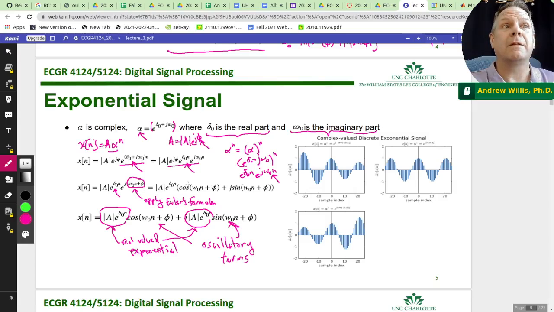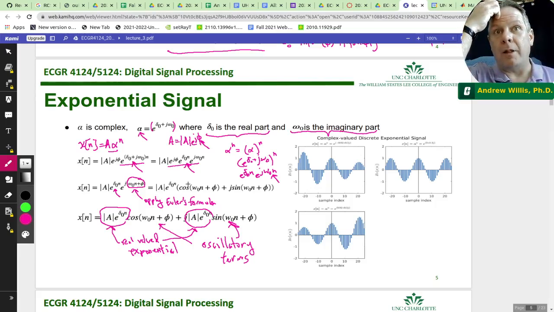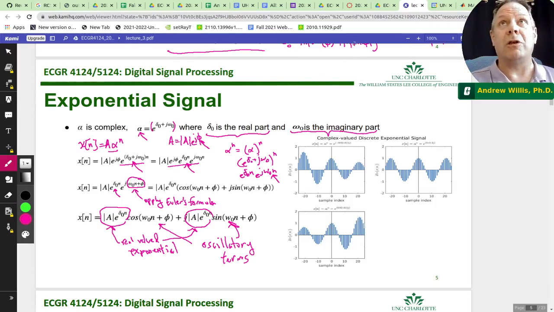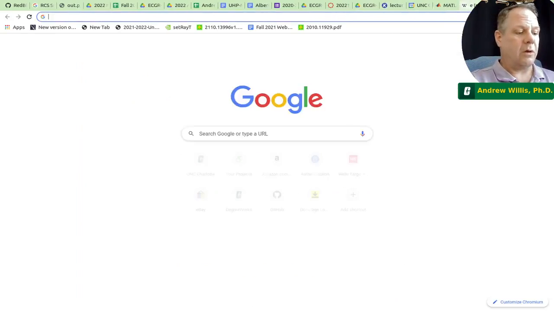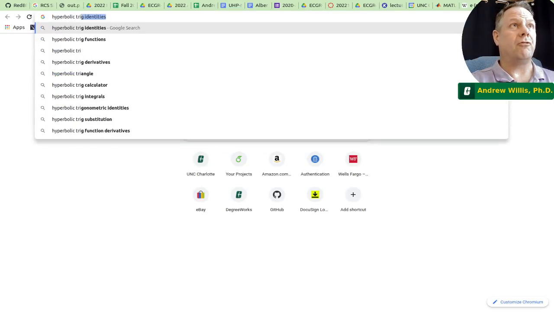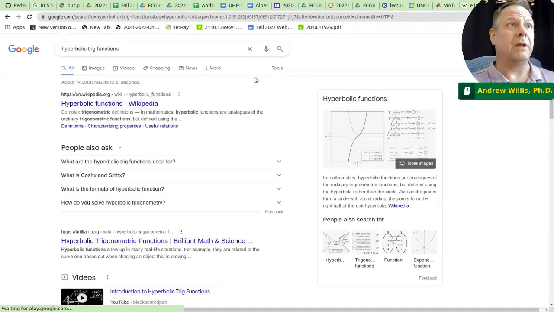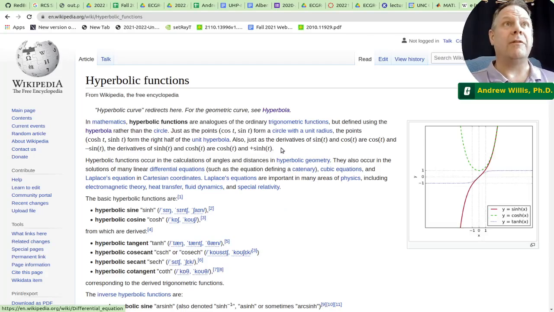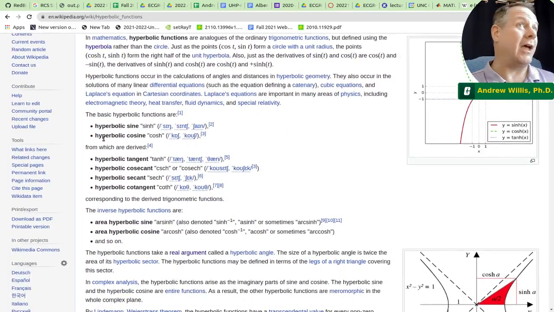Gotcha. Thank you. And so what Eric's referring to is that there are hyperbolic forms of, in fact, every trigonometric function. So there's a hyperbolic sine, hyperbolic cosine, hyperbolic tangent: sinh, cosh, tanh, secant.